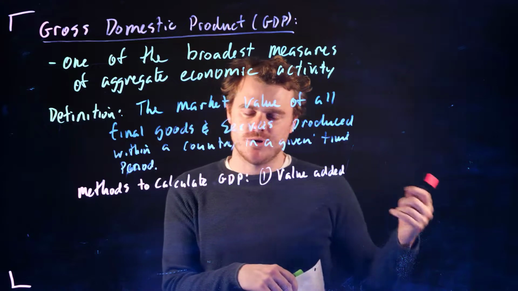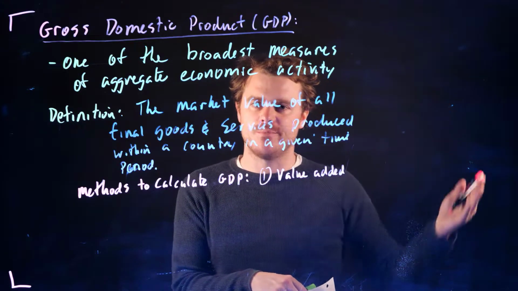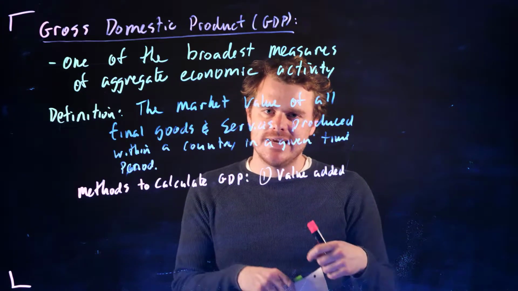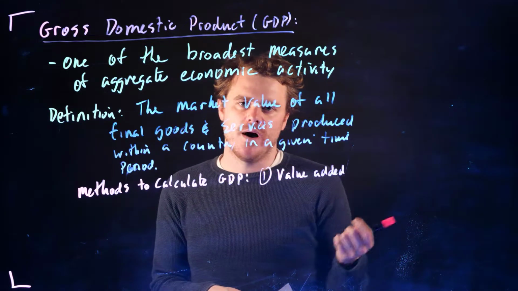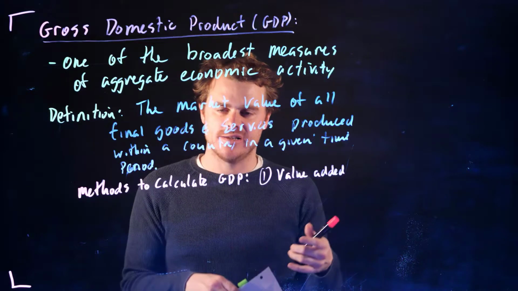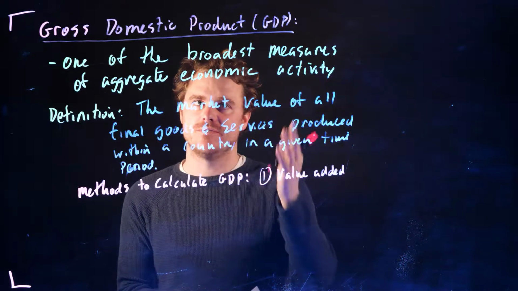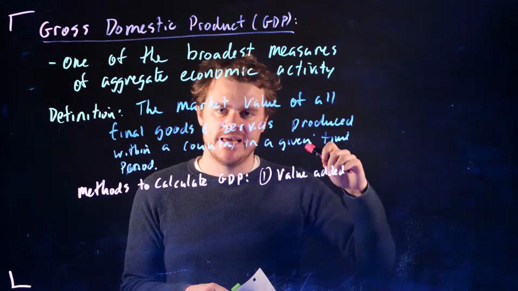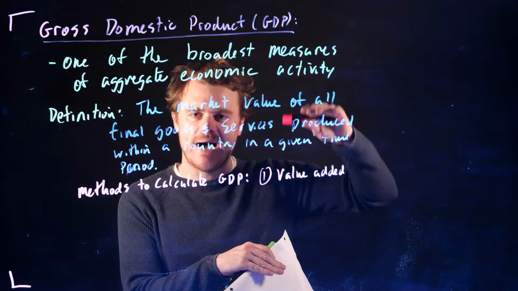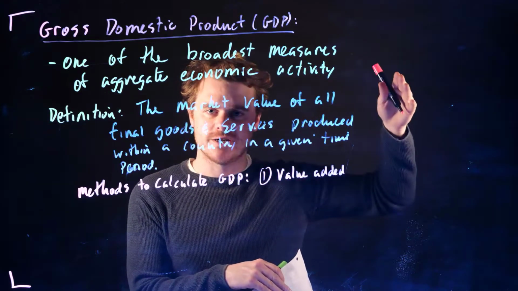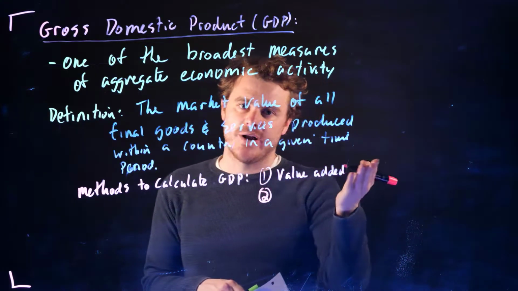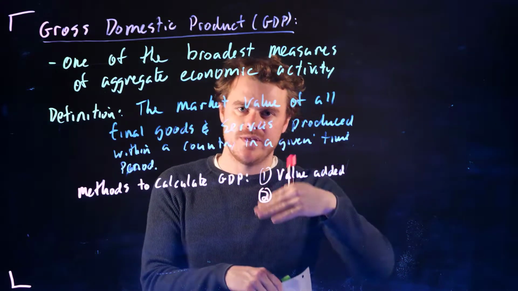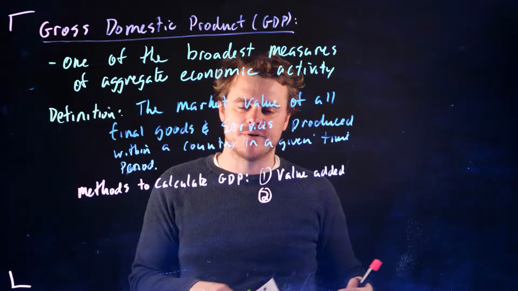One product goes through different stages of production, and these stages add value to the product. So one way of calculating GDP is just to add up all the value added at each level of production. It would be domestic production, all the value added within Canada, for instance.